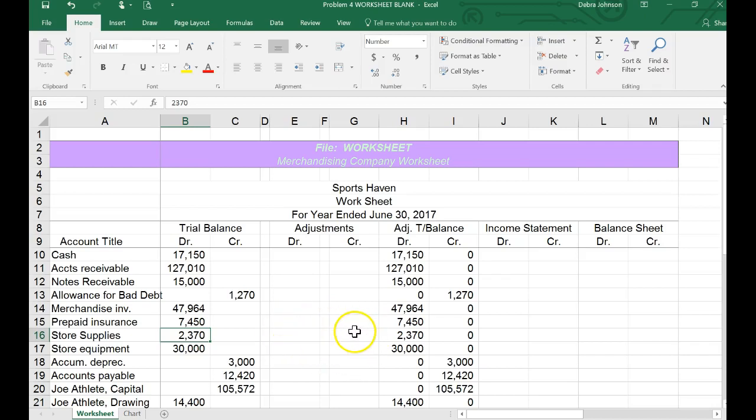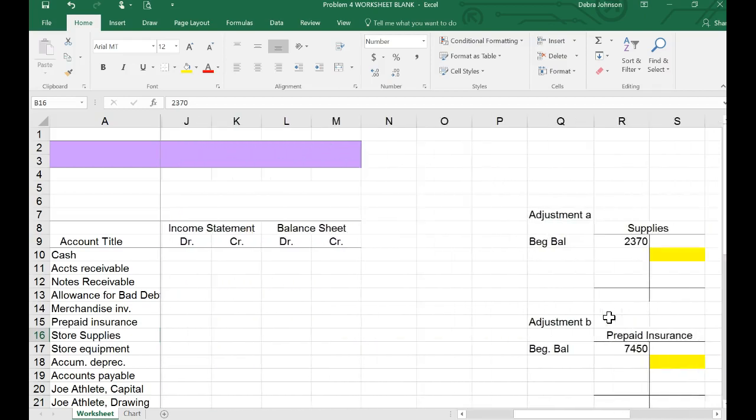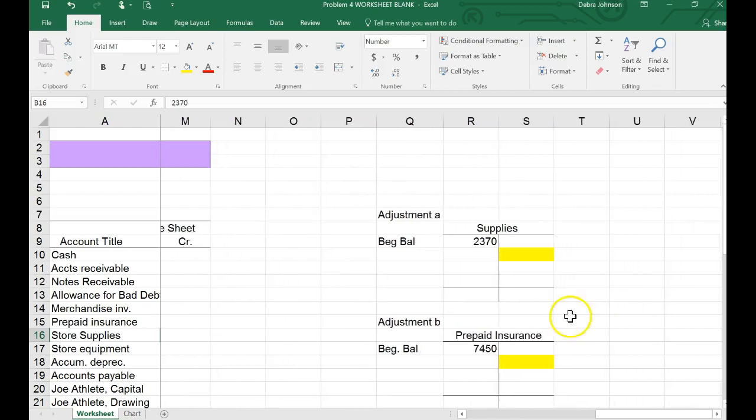But read it carefully. It doesn't say supplies used up was $350. It says supplies on hand was $350. So we need to determine the amount of the adjustment. It may help you to look at a T account, so I created one over here.